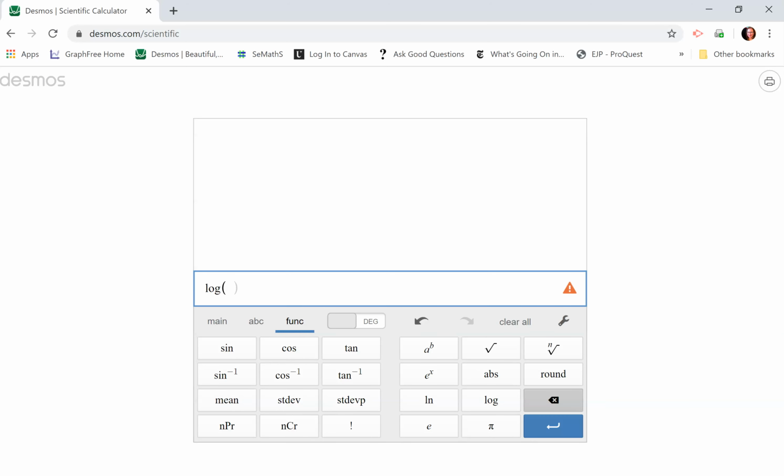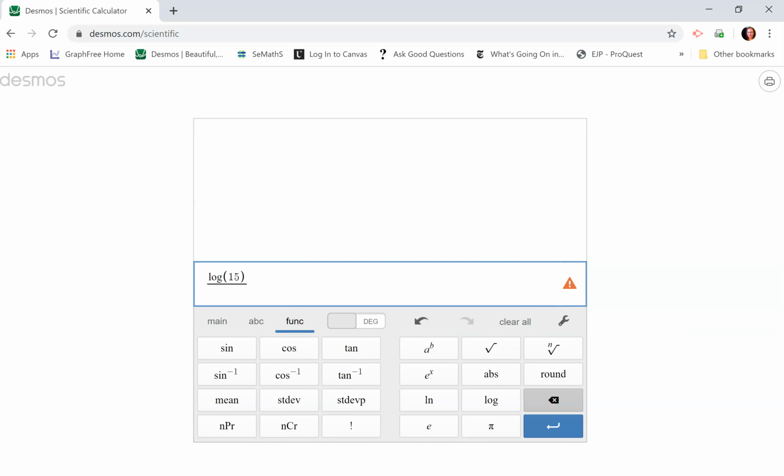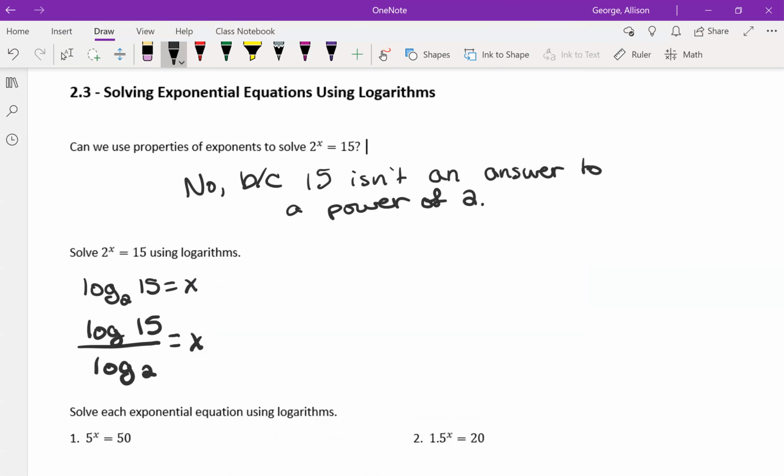So we're going to do log of 15 divided by log of 2. You have to make sure you're closing your parentheses after that log, or what's going to happen is what just happened to me: it tried to put it inside those parentheses. Close it out, and there we go. We get 3.906. Two decimal places is usually sufficient, so we're going to have 3.91 as our x.